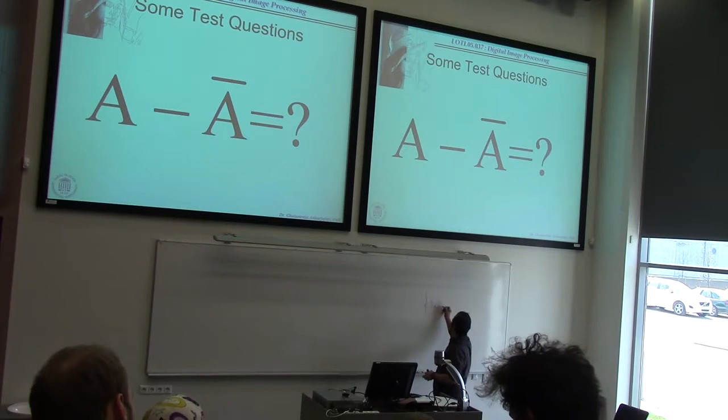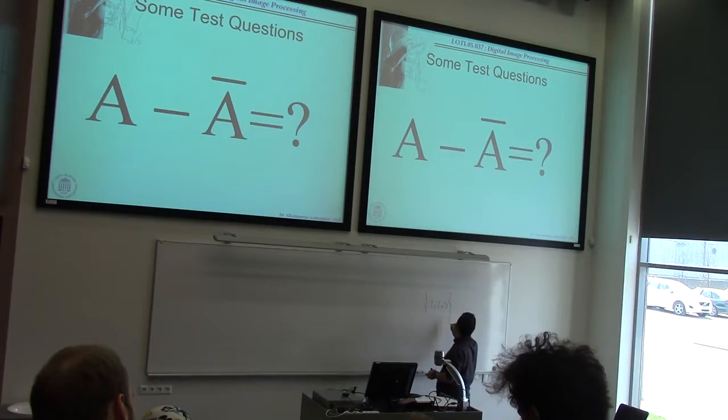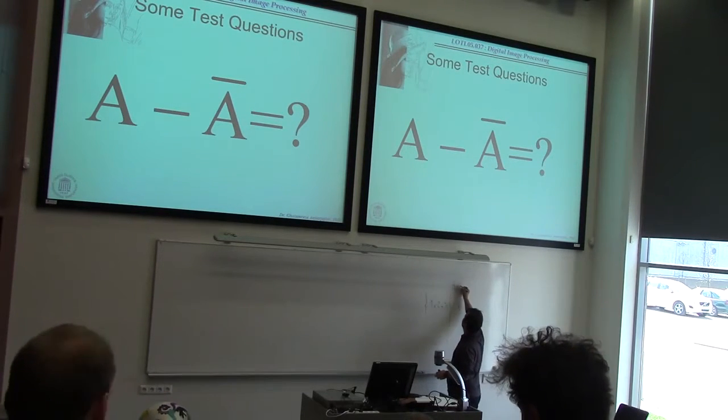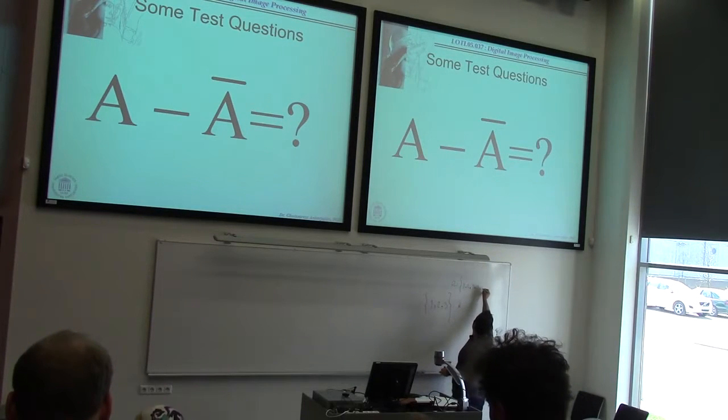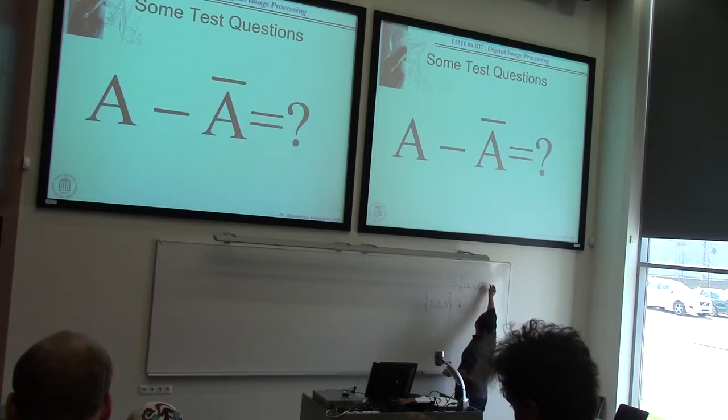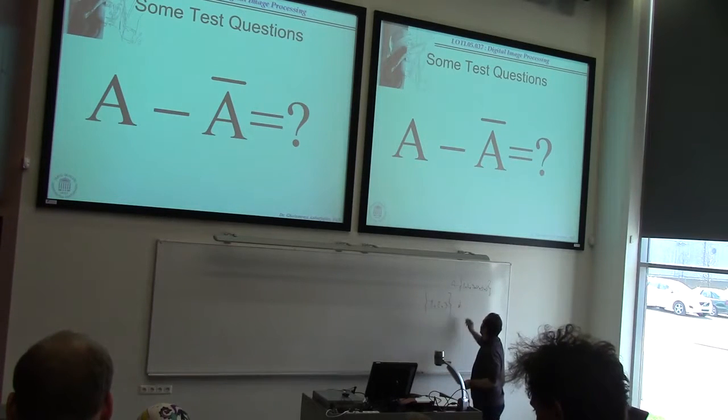For example, the set A is 1, 2, 3. If we think that the universal set is 1, 2, 3, 4, 5, and 6, then the complement of A is 4, 5, 6.